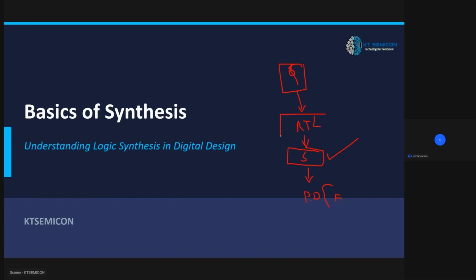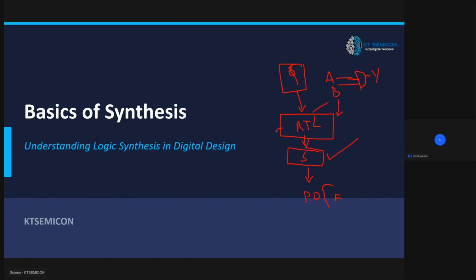In this RTL code, when you have one AND gate, with A and B as inputs and Y as the output, then in this RTL step, we'll write the complete RTL code: what the inputs of this gate are and how this AND gate is going to perform. We'll write the complete code in this RTL step.